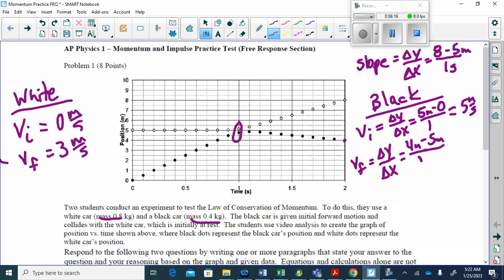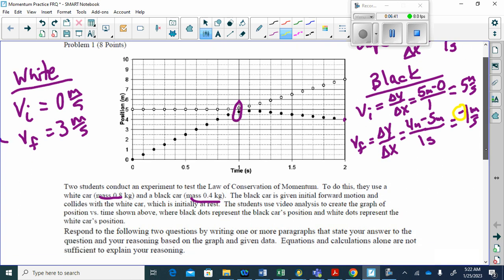All of that happened over that last second. So we have a final velocity of -1 meters per second. This negative is important. It's really important. This velocity is the only one that is now going backwards. So you had to somehow indicate that it's in a different direction than the initial velocity.